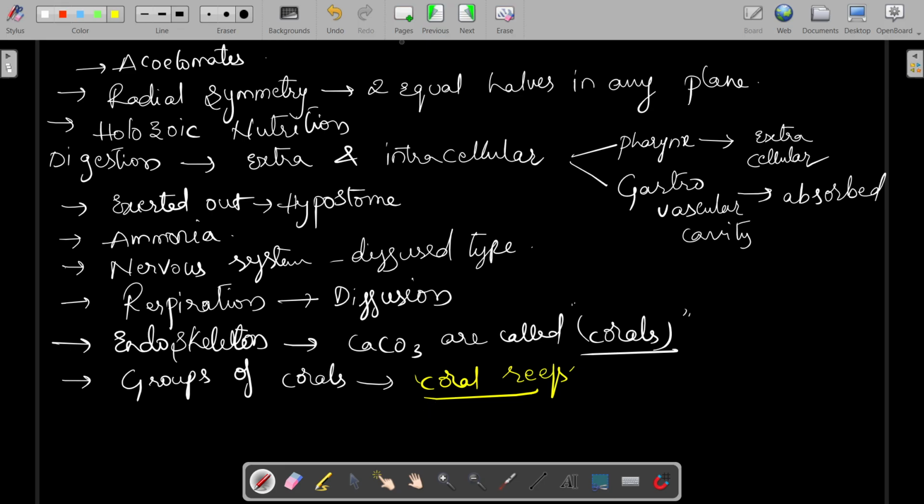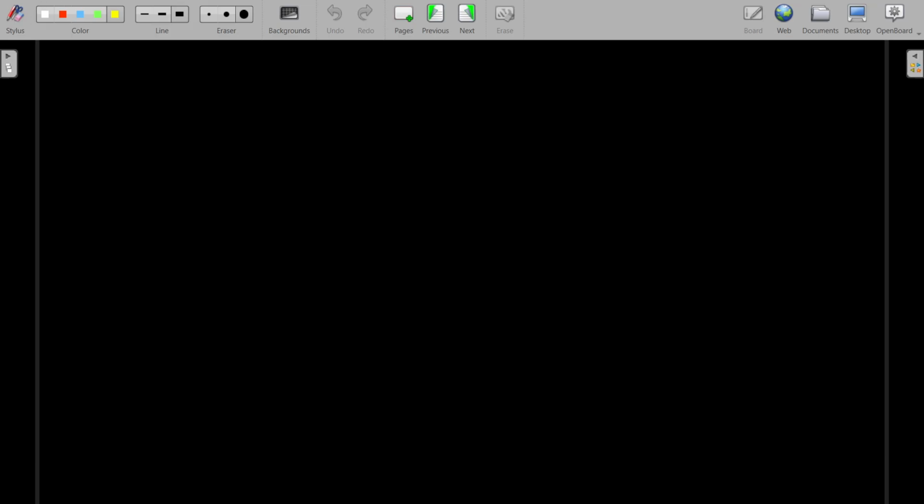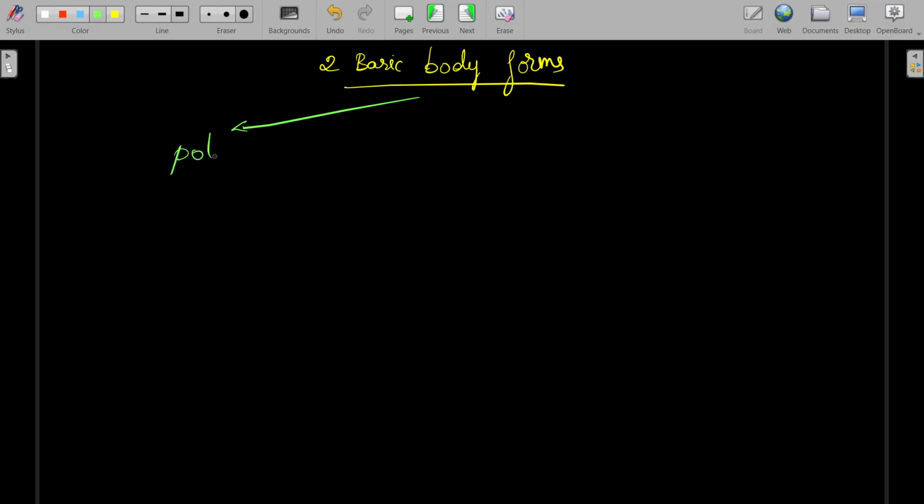So these cnidarians show two basic body forms. The first one is polyp and the second one is medusa.